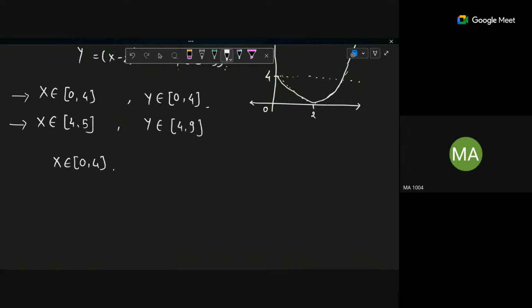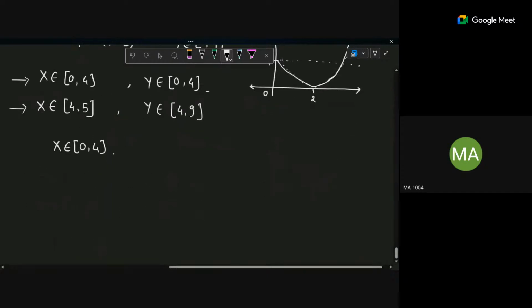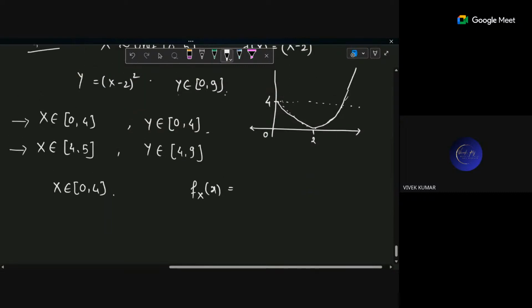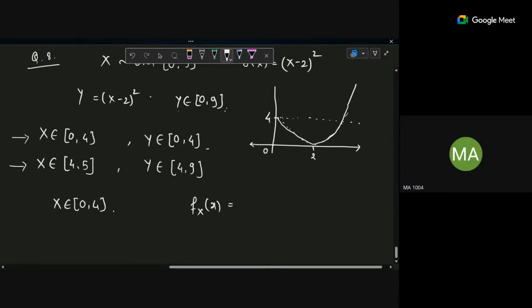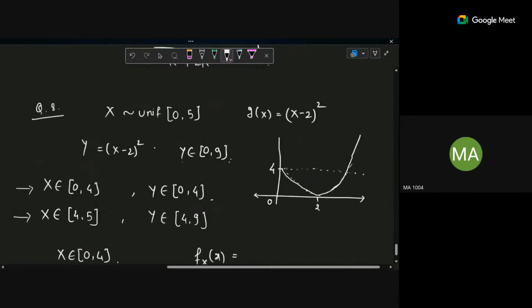We first deal with the symmetry and then take the rest of the part.